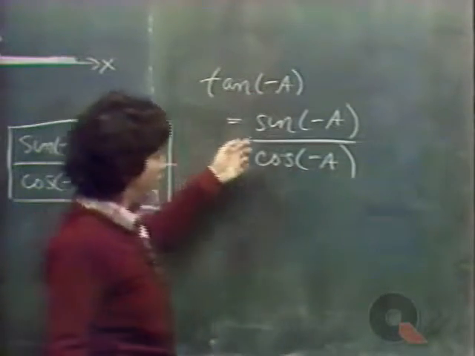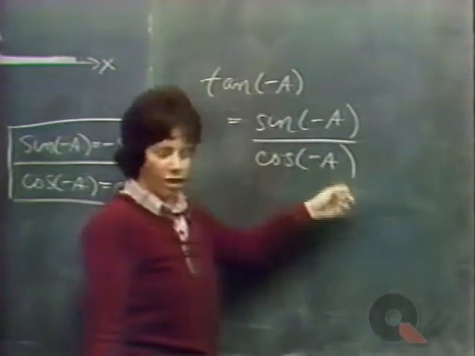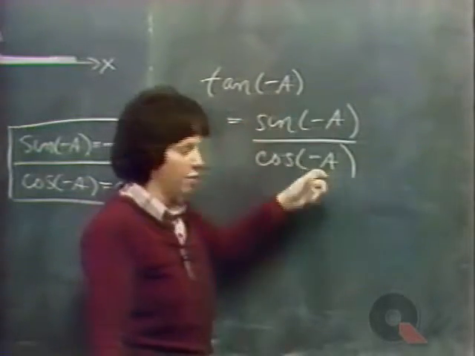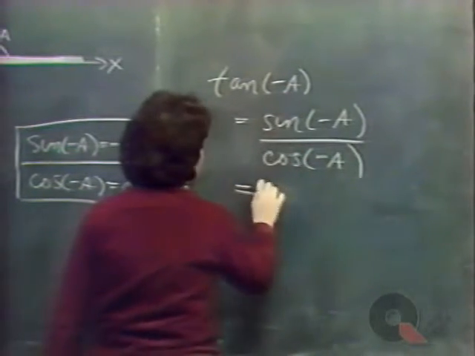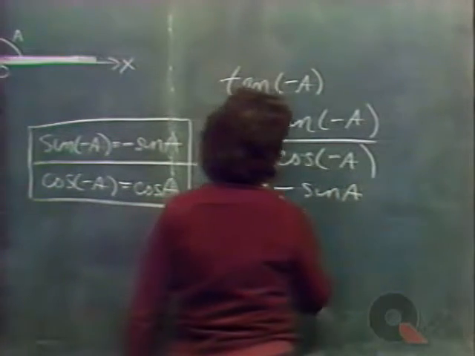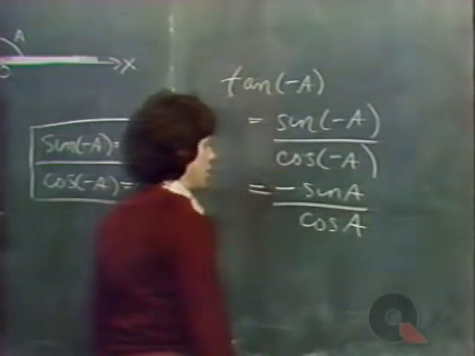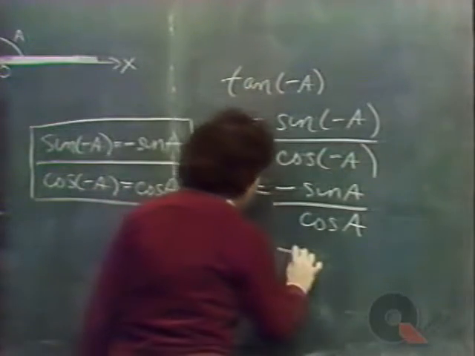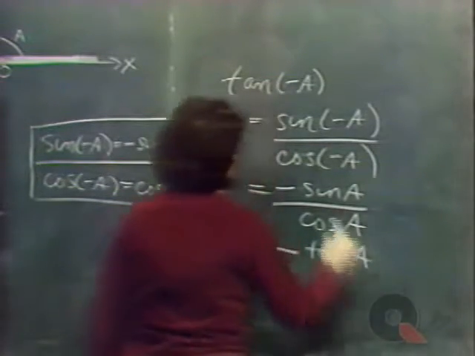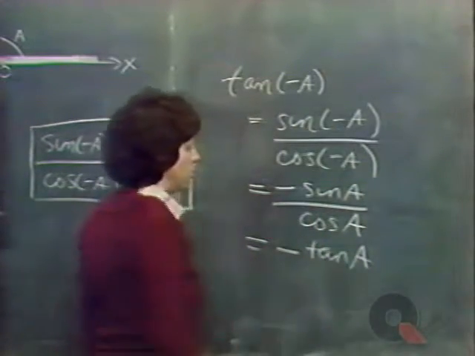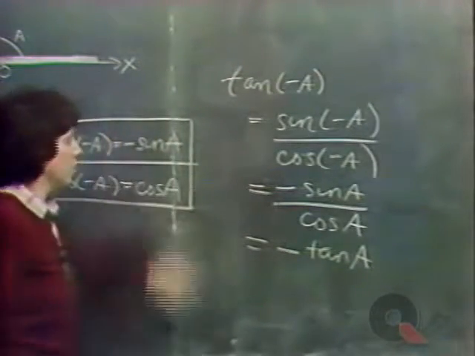So the tangent of minus A is sine of minus A over cosine of minus A. We know that the sine of minus A is minus the sine of A, but the cosine of minus A is simply the cosine of A. We get minus sine A over cosine A, which of course is minus tan A. So the tangent of minus A is minus the tangent of A. And in such a way, you could get negative angle formulas for all of the trig functions.